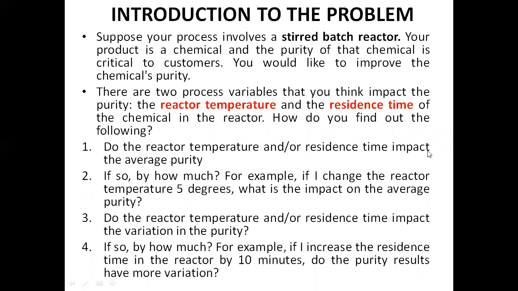Here it is the average purity, and there the variation in the purity, under the same conditions of temperature or residence time. If so, by how much? For example, if I increase the residence time in the reactor by 10 minutes, do the purity results have more variation? So two conditions are given here.